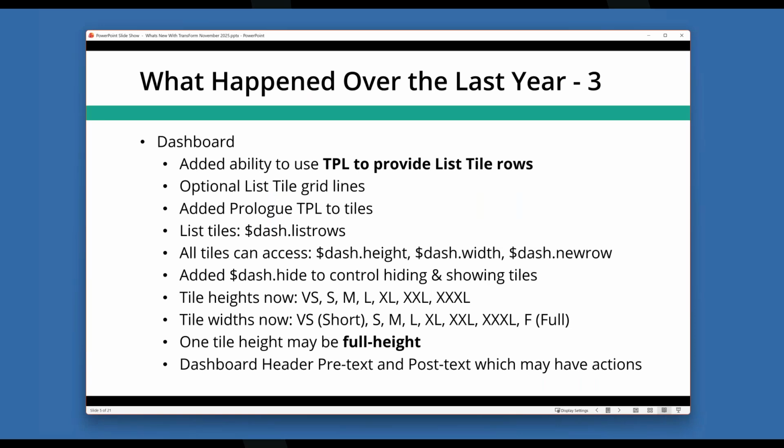And for a list tile, we now have $-list rows, that lets you actually edit the rows that are going to show up in the list. There's a $-hide, which lets you show and hide tiles.